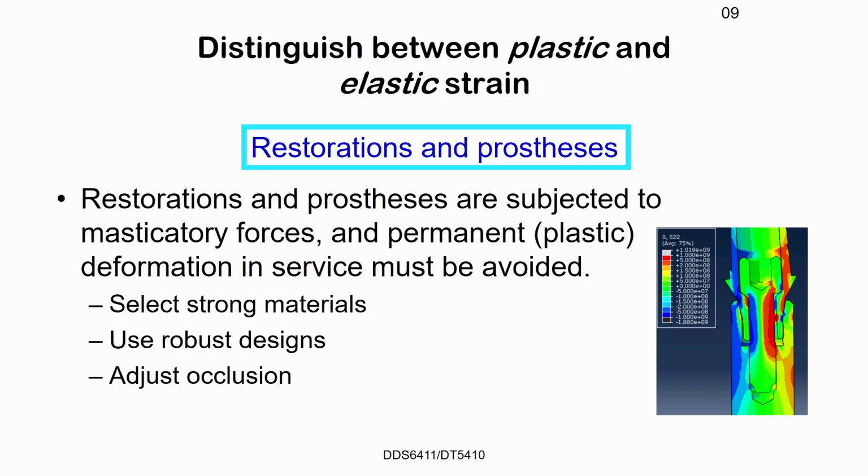To avoid that, you should select a strong enough material with high enough yield strength, or you use a very robust design. Make sure that all the cross sections are thick enough so the stress level remains acceptable. Or, as I mentioned, you can adjust occlusion, so you can lessen the load on your restorations.